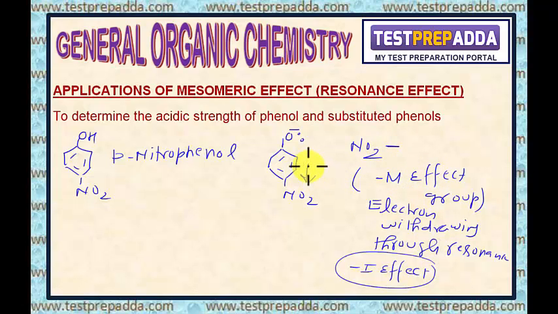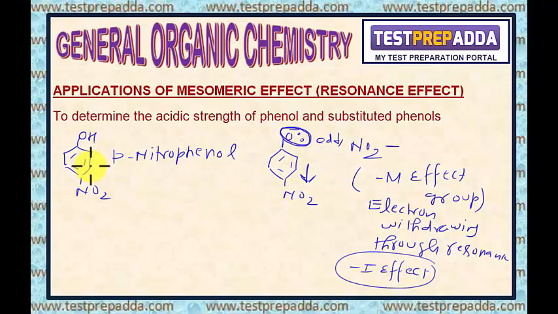It will pull the electrons through resonance, and that is why the electron density of this oxygen decreases. Electron density decreases means it is a weak base now. Weak base means its parent will be a stronger acid.